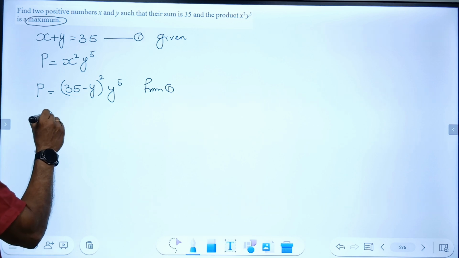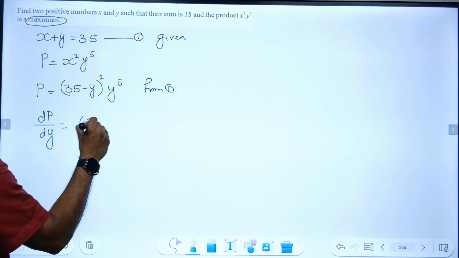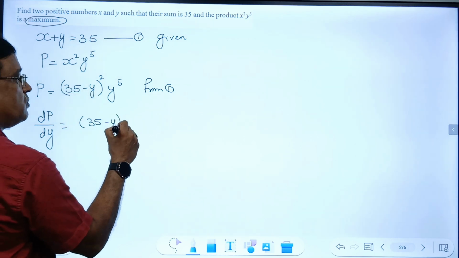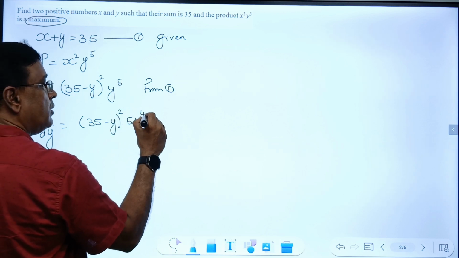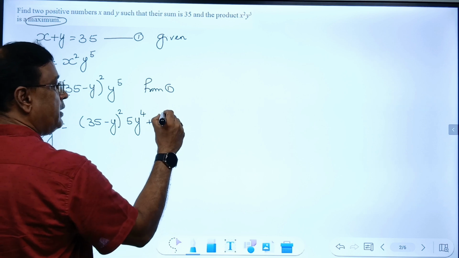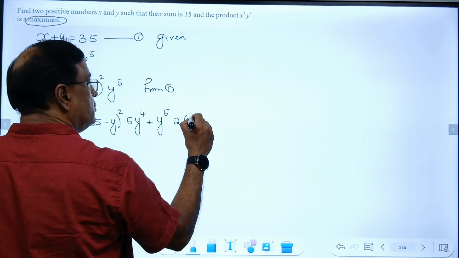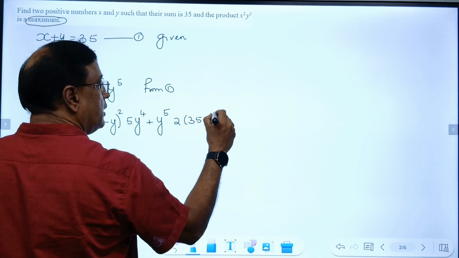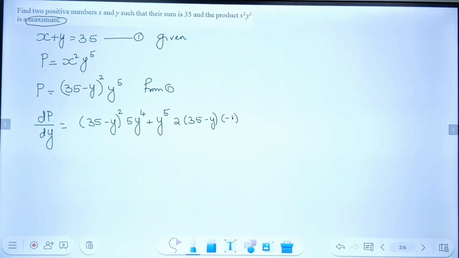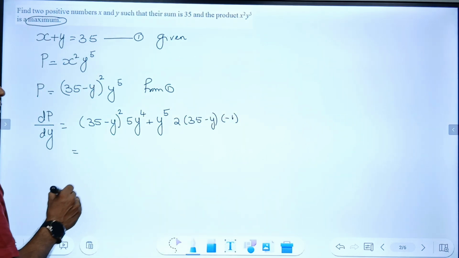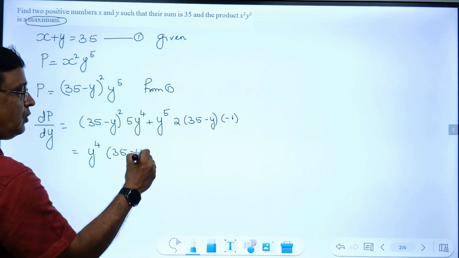Now differentiate dP by dy. I'm going to use the product rule. (35 minus y) the whole square, and differentiation of y power 5 is 5y power 4, plus y power 5 into the differentiation of (35 minus y) the whole square, which is 2 into (35 minus y), and differentiation of minus y is minus 1. Now let's group it together. Here y power 4 is common, and (35 minus y) is also common.